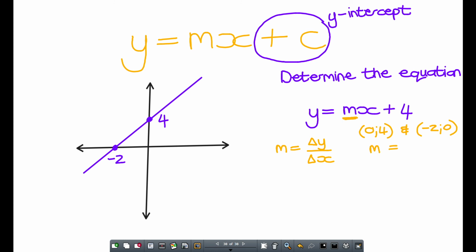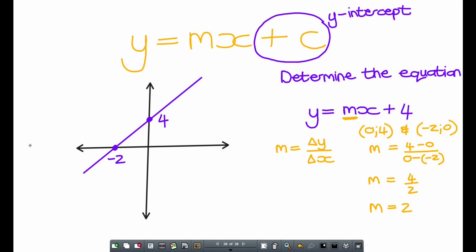Okay, so let's work out the gradient. So gradient is difference in y. So y values 4 minus 0 over 0 minus -2. That's a 2, right? Which means that gradient will then be 4 over 2. So gradient is 2.